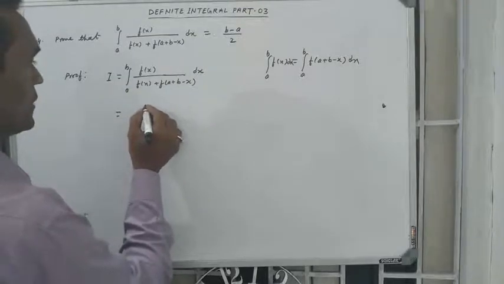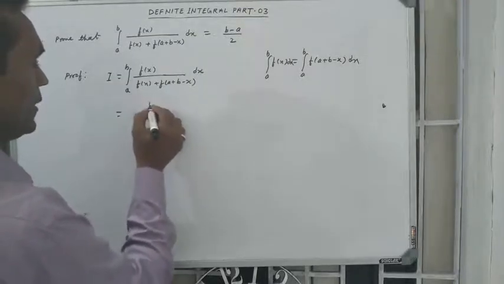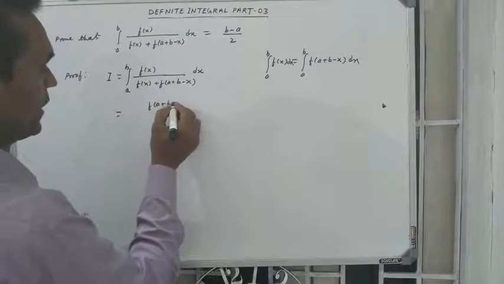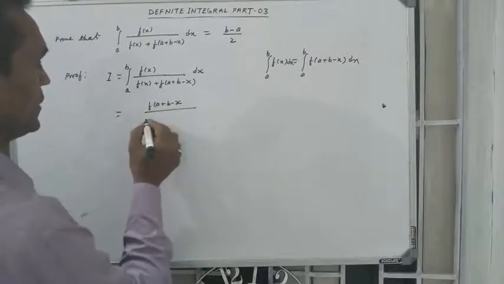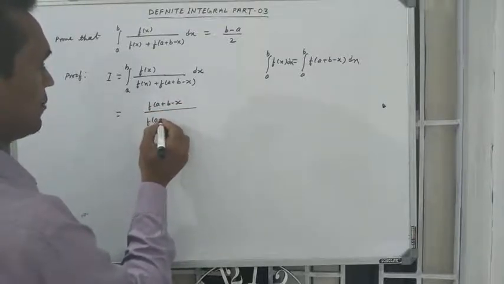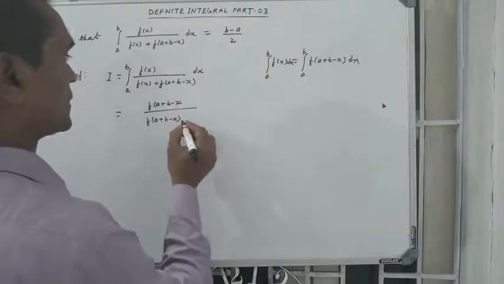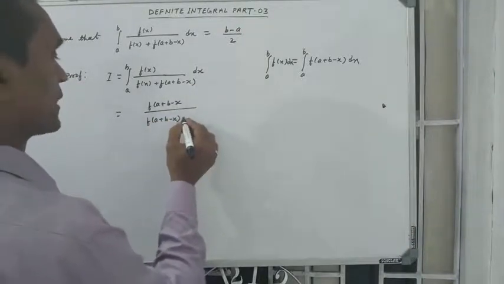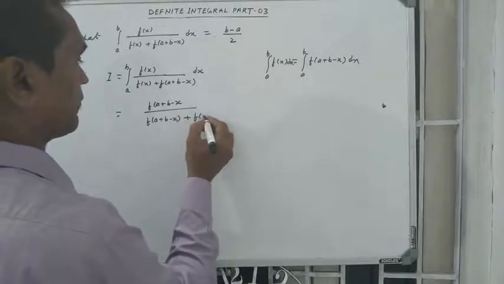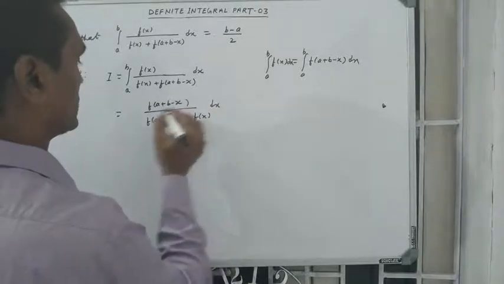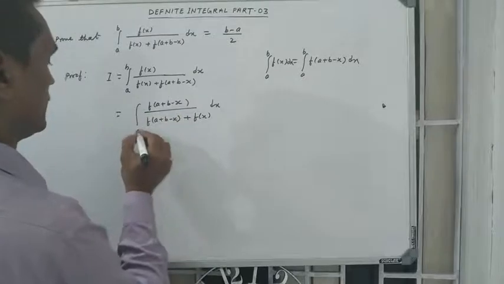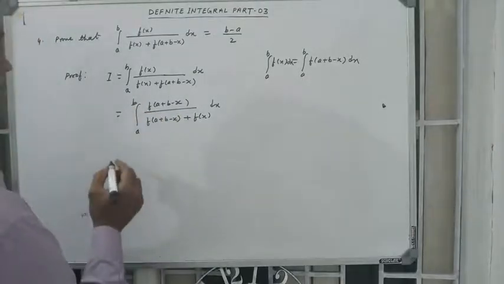So the numerator will be f(a plus b minus x) and the denominator f(a plus b minus x) plus f(x) dx, from a to b.